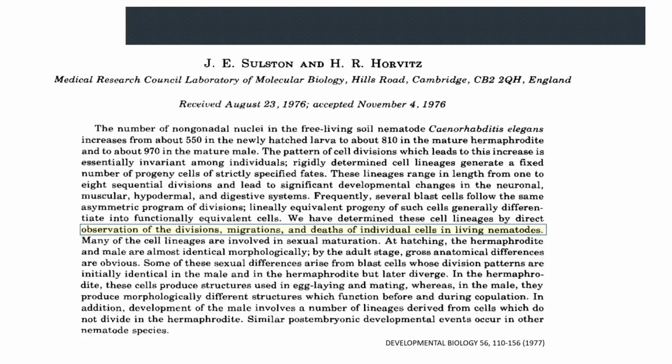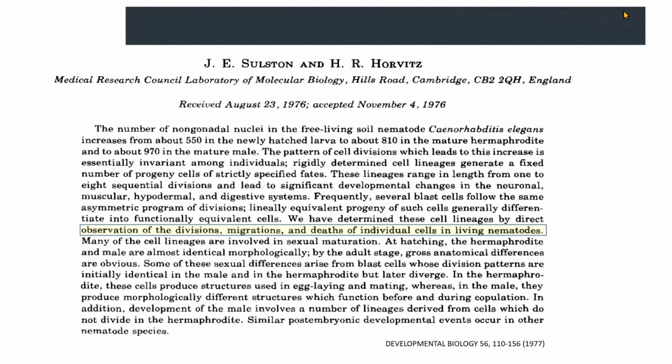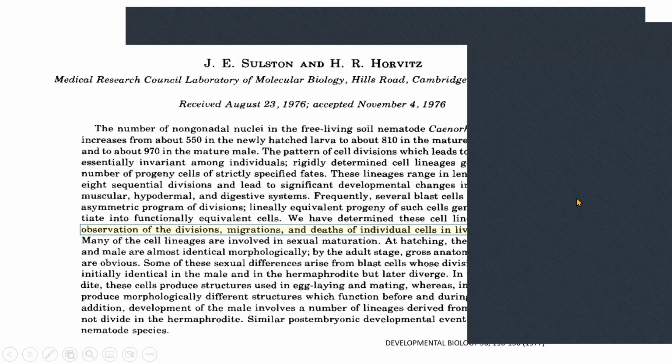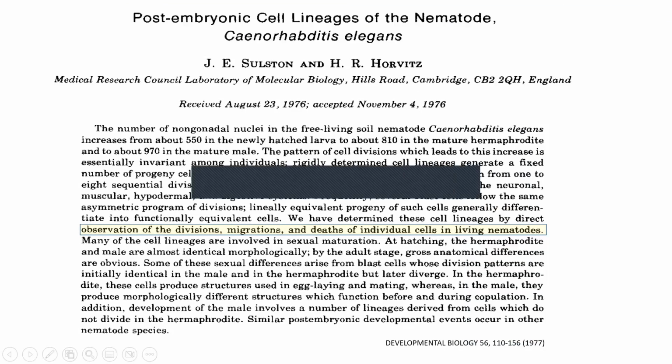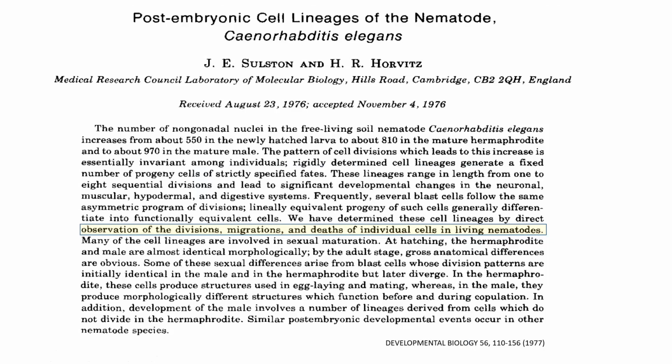And here I've highlighted: we have determined these cell lineages by direct observation of the divisions, migrations, and deaths of individual cells in living nematodes. So they looked at a lot of worms, and these were genetically identical. It's one strain, the laboratory strain, the N2 strain of C. elegans.